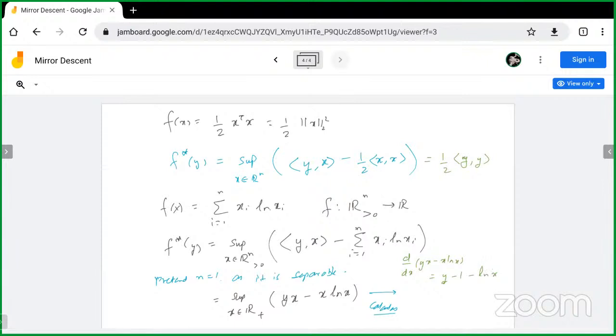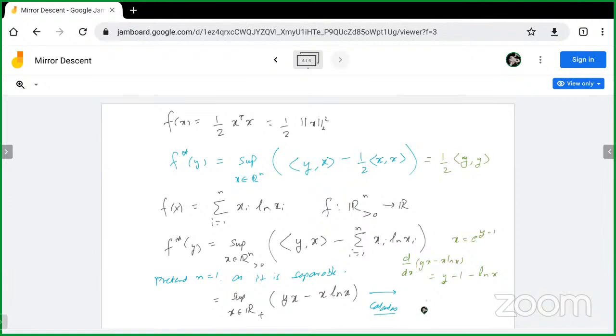If it's 0, then x is e to the y minus 1. And to plug this back in, this is just the summation of y and x. Yeah, exactly. That will give the final answer.